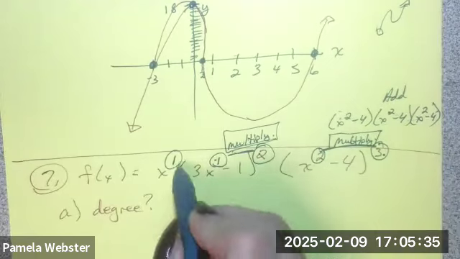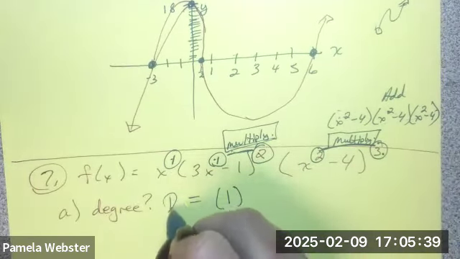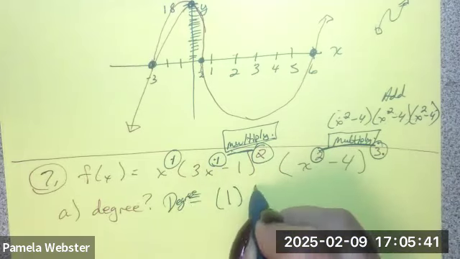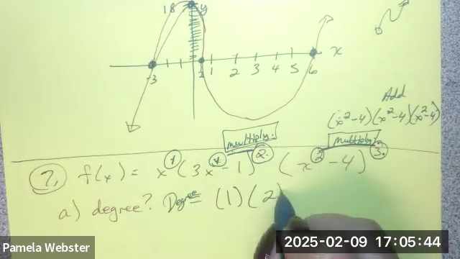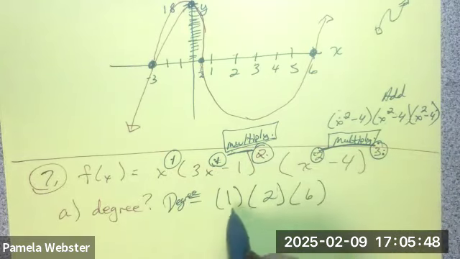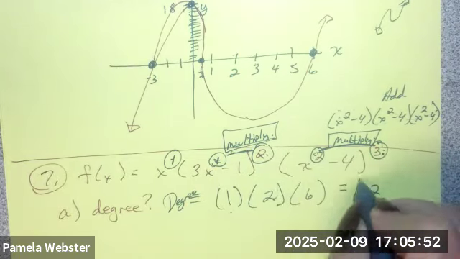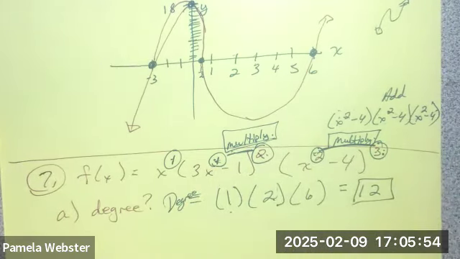But here we go. We had a 1 here. Degree equals 1 times, this I said was going to be a 2, and this we said was going to be a 6. 1 times 2 is 2, times 6 is 12. So I'm so sorry, I just lied to you.